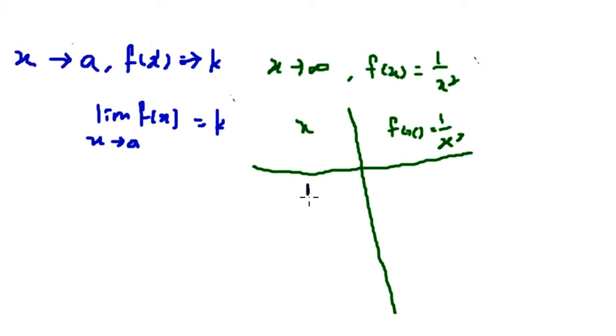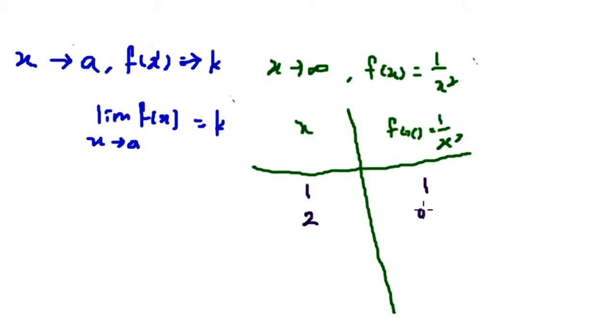So when I put x as 1, replace x with 1 in the function, you will get 1 over 1 to the power of 2, which is 1. Then keep tabulating 2 as x, so 1 over 2 to the power of 2, you get 0.25. Keep tabulating 3, 4, 5 until the value of 1000.